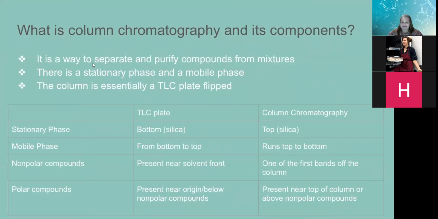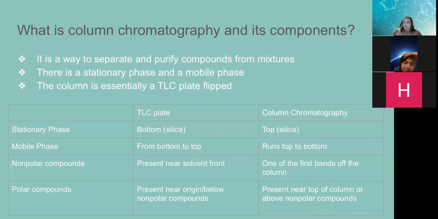Let's go ahead and take a look at just some info on column chromatography, okay? Like the TLC plates, it does have a stationary phase and it does have a mobile phase. So I have this little chart which summarizes them a bit for you.